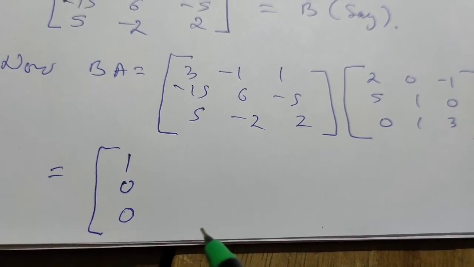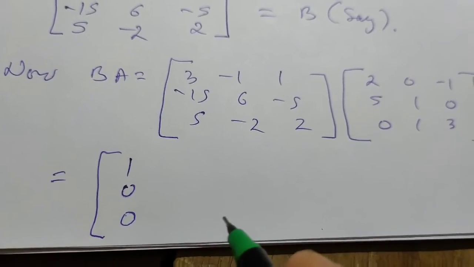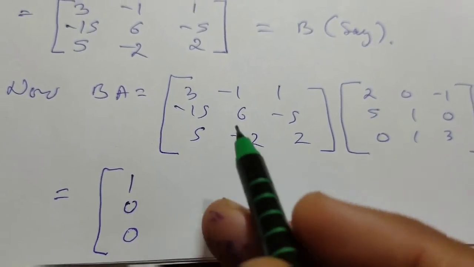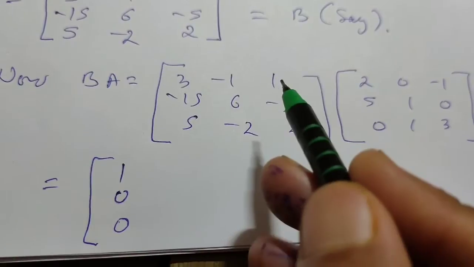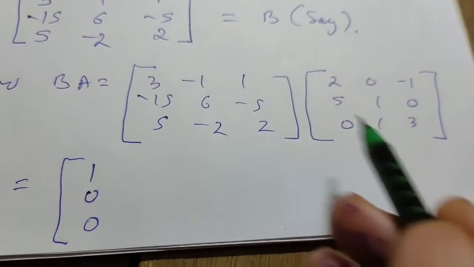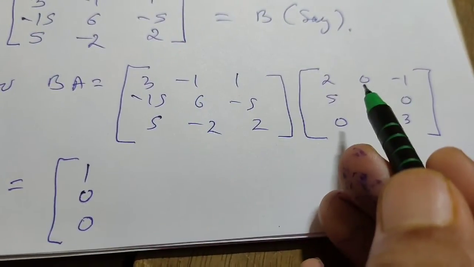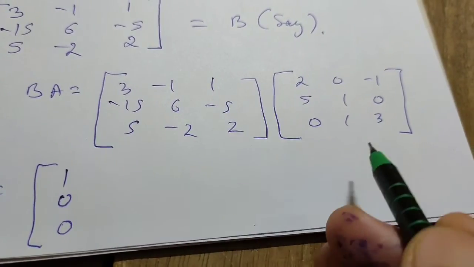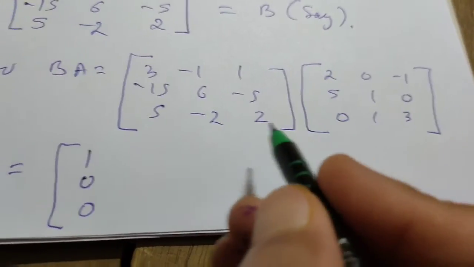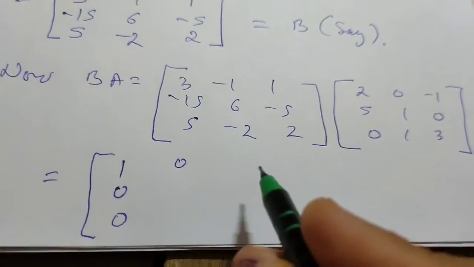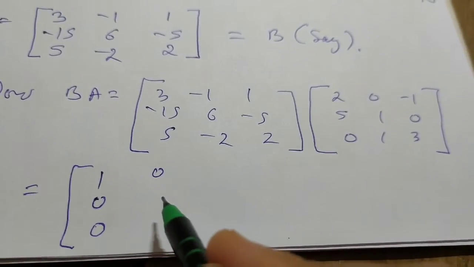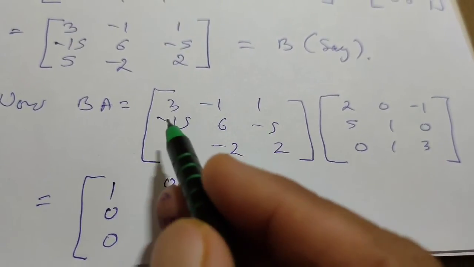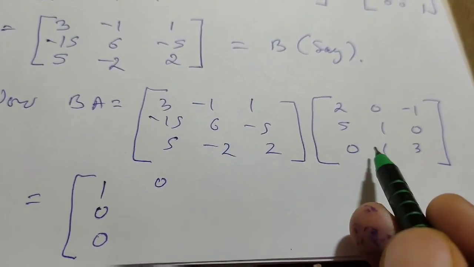Now let us find column 2. We multiply R1 with column 2: 3 into 0 is 0, minus 1 into 1 is minus 1, and plus 1 into 1 is 1. Minus 1 plus 1 is 0. Now the second element of column 2: we multiply R2 with column 2.